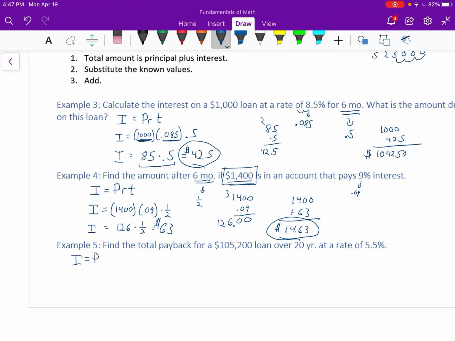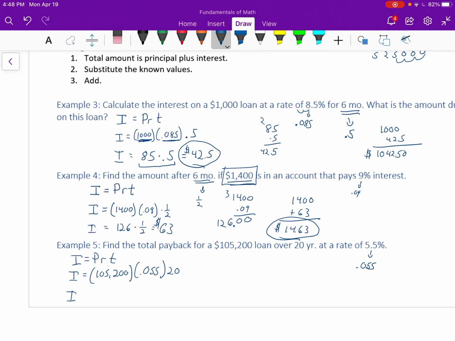So interest is principal times rate times time. Principal, $105,200. The rate, move the decimal over twice, that's 0.055. And this is paid over 20 years.